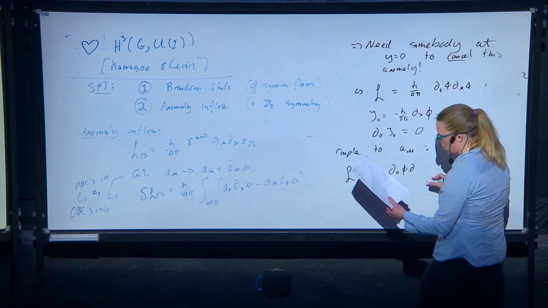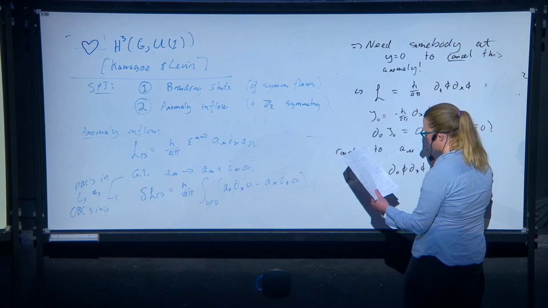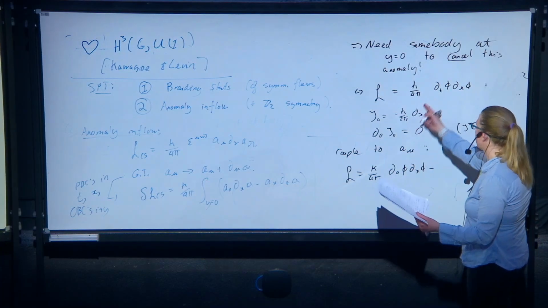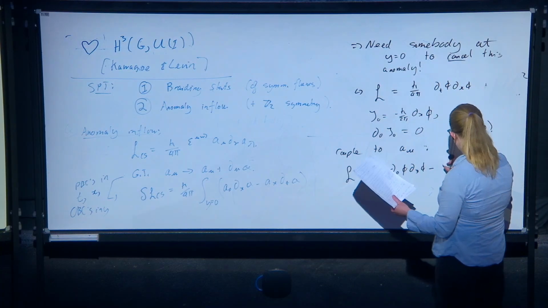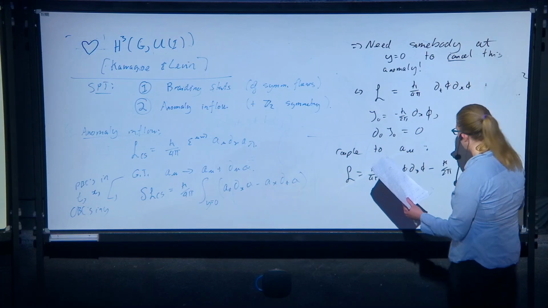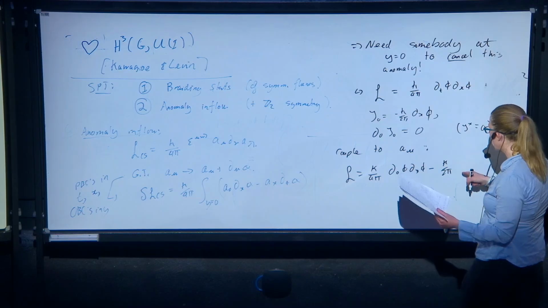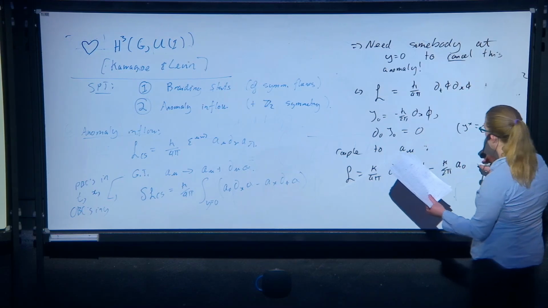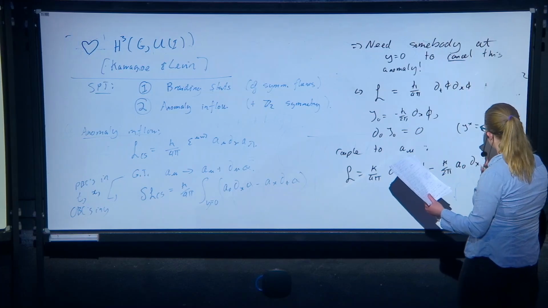I'm going to go back to 0 to match my bulk Lagrangian. Okay, and so what it means to couple to the background gauge field, or to the gauge field, background or not, is I have to write a term A mu J mu, and that has just a0 dx phi.